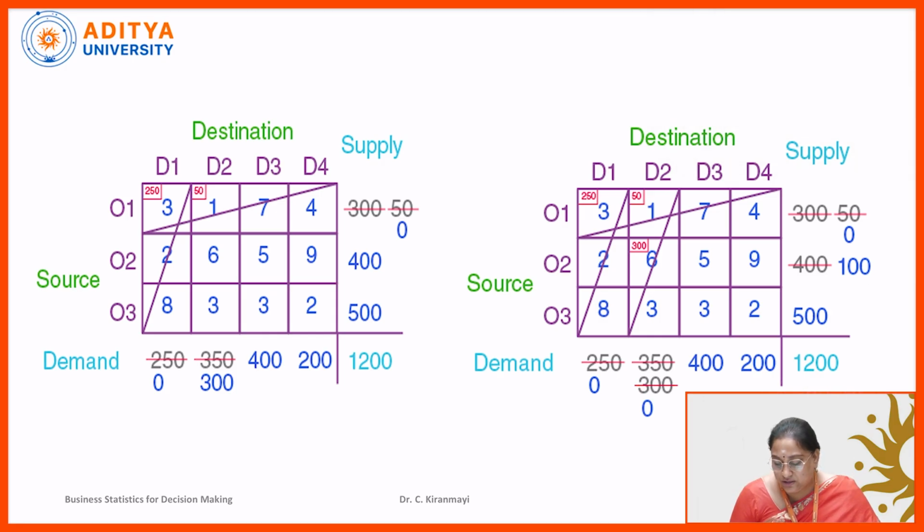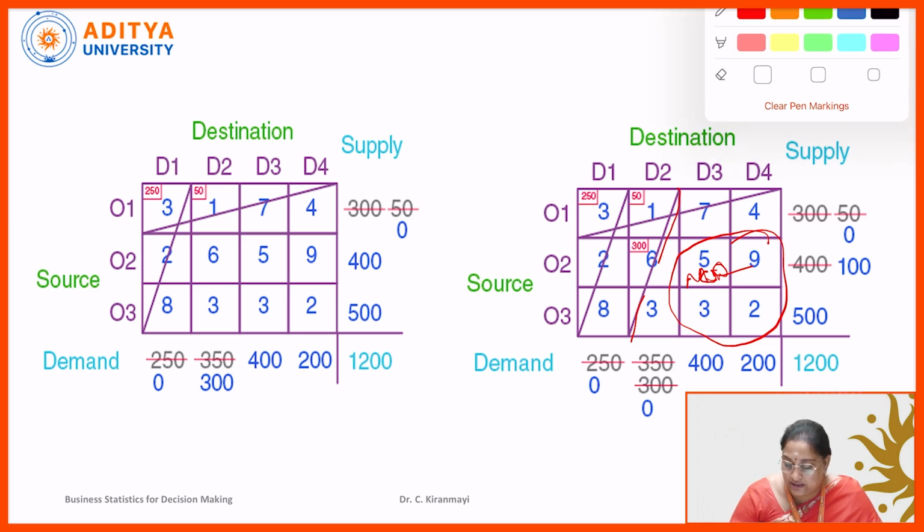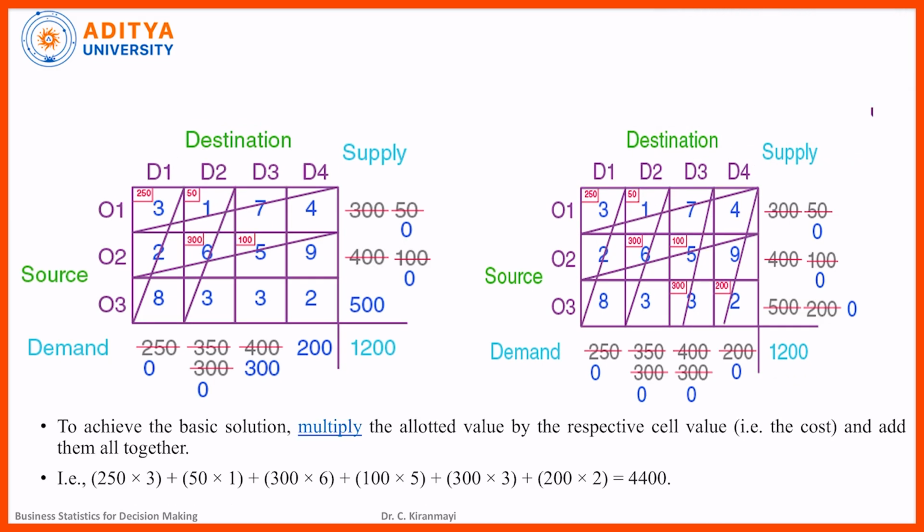Now, all the units demanded for D2, all the 350, were supplied. Therefore, strike off this column also. Next, this will be the leftover matrix, and for this again this is going to be the northwest corner. For this cell, let us see how we can make allocation. 100 can be supplied, and 300 are demanded.